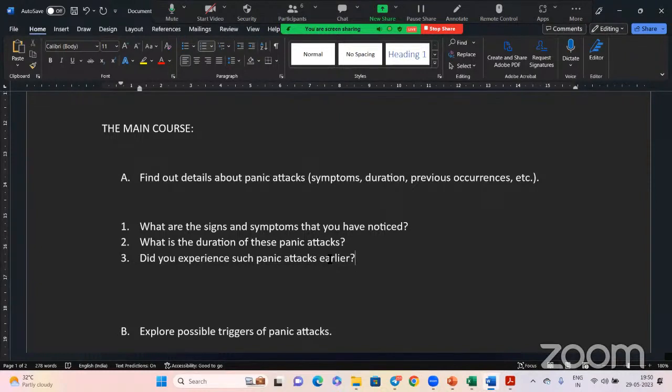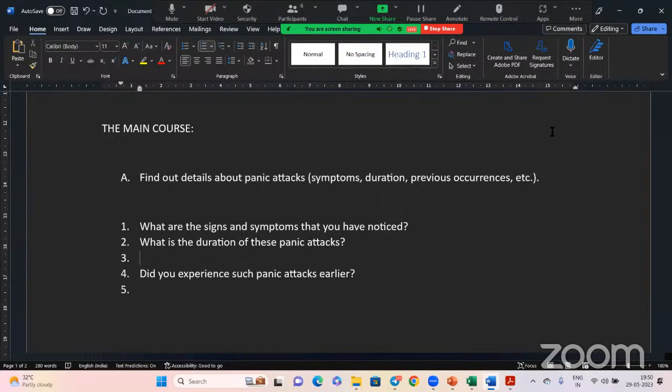So some other sentences also you can write. Did you experience such panic attacks earlier? Or you can say here, is this the first time that you are experiencing these panic attacks?